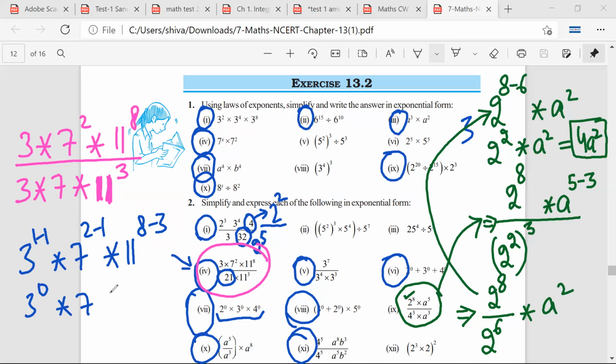No, got it. Soumya ji, any doubt? No, sir. Aishwarya ji, any doubt still? No, sir.